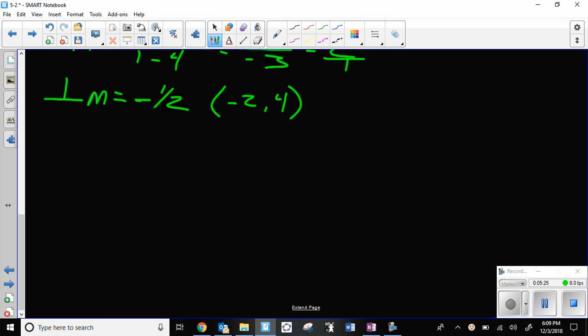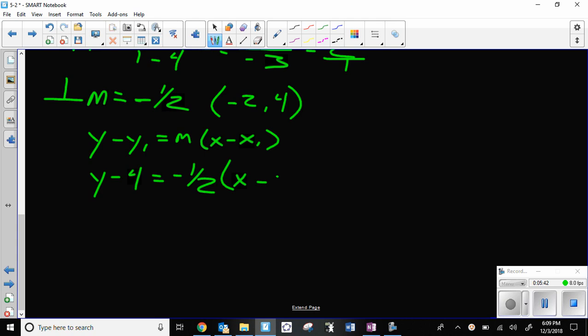Again, (-2, 4) is not the y-intercept, so we're going to use y minus y1 equals m times x minus x1. So we have y minus 4 equals -1/2 times x minus -2. We distribute.